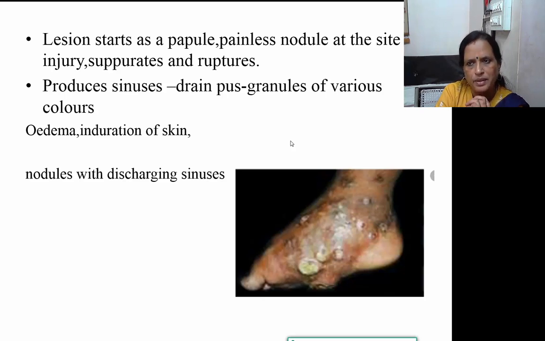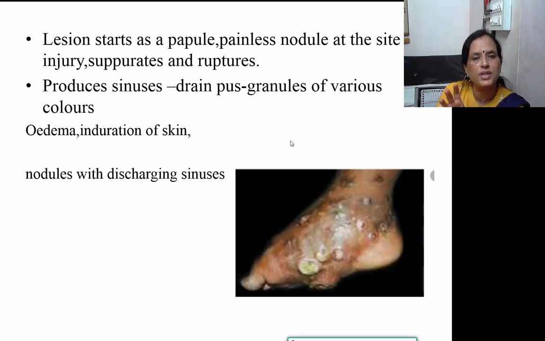So, a painless nodule at the site of injury. Slowly this painless nodule suppurates. We see a collection of pus, the tissue becomes soft, and the skin is stretched, so it ruptures.